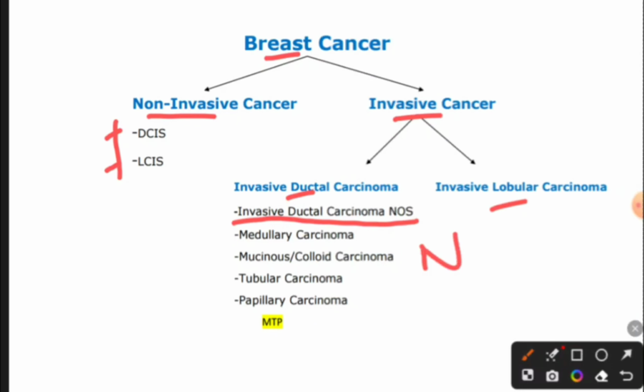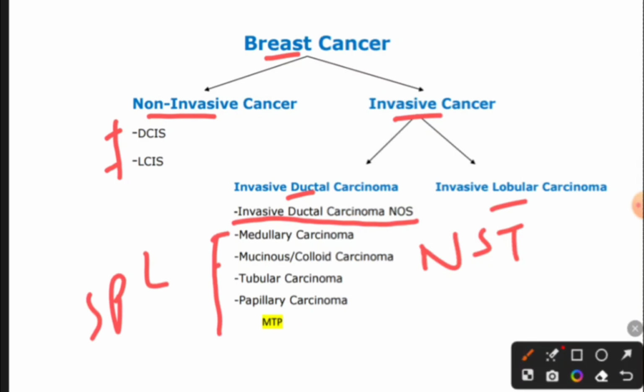It is also called non-special type of cancer. And the other group of cancer is called the special type of cancer, and it includes medullary carcinoma, mucinous carcinoma, tubular carcinoma and papillary carcinoma. These carcinomas can be remembered with the mnemonic MTP, which includes medullary and mucinous carcinoma, tubular carcinoma and papillary carcinoma.